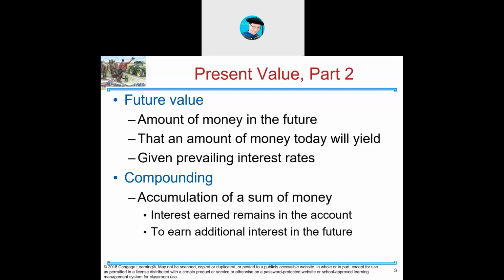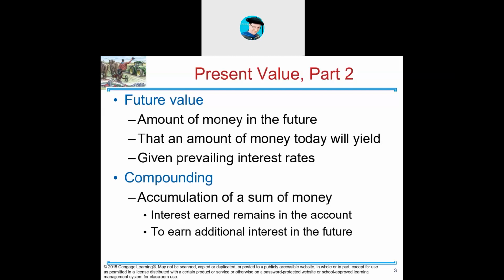Well, if you ever want to retire and you want to have an income in retirement through your 401k, Social Security, etc., you would need to know those formulas because you need to know how much money you should be putting in every month at your current age, so that way you'll be stable when it comes to retirement age. That's why it's important to know present value and future value.